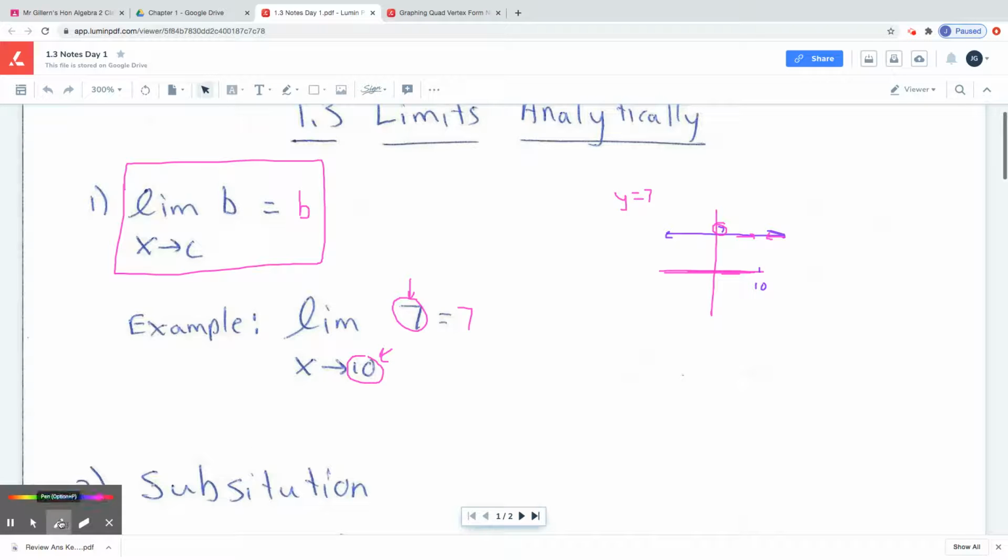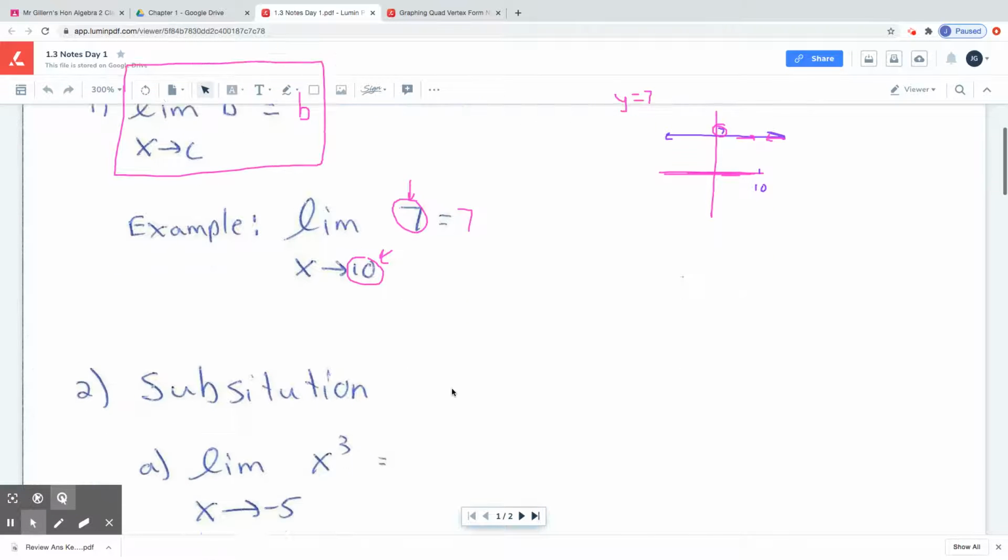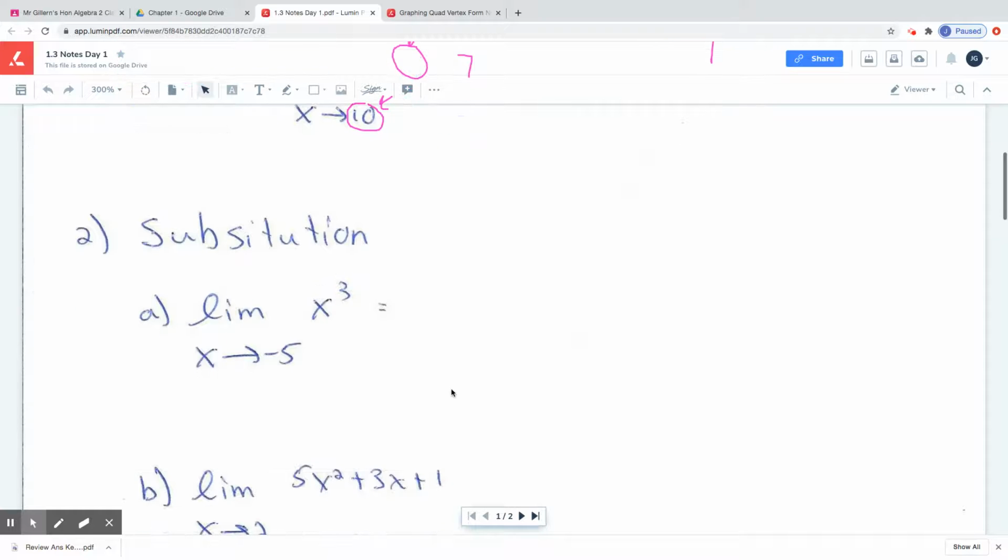Now, for all other ones, the first thing we do when trying to evaluate a limit is check to see if substitution works. In this case, we have the limit of x cubed as x approaches -5. Whatever x is approaching, in this case -5, we plug in for x.